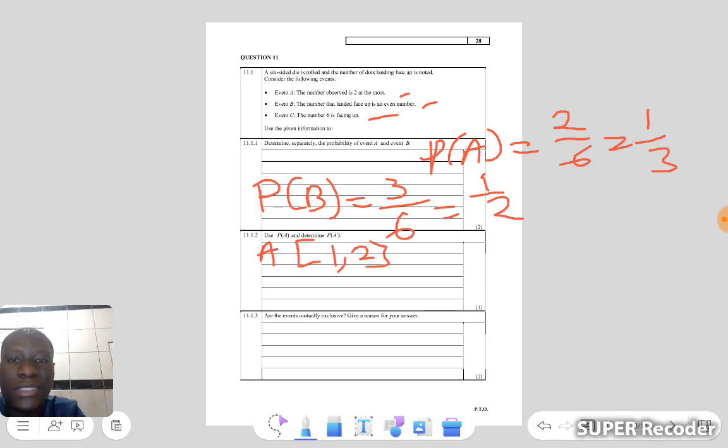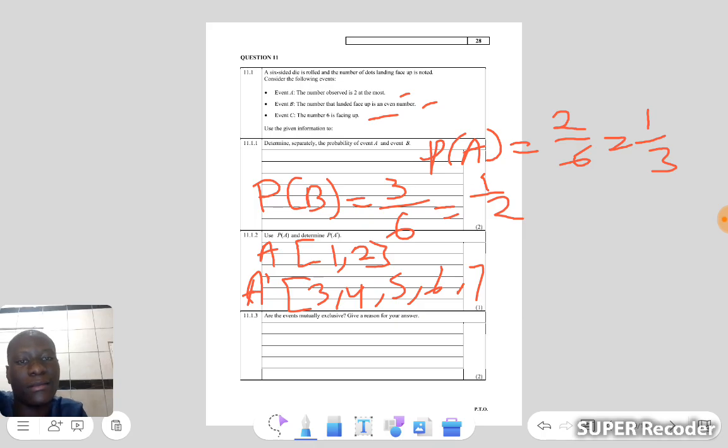I mean, A is event A, right? And outcomes that are not in A, sorry, this is supposed to be A prime. So outcomes that are not in A are 3, 4, 5, 6.